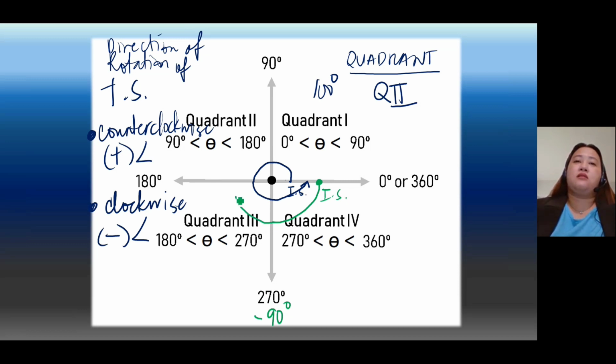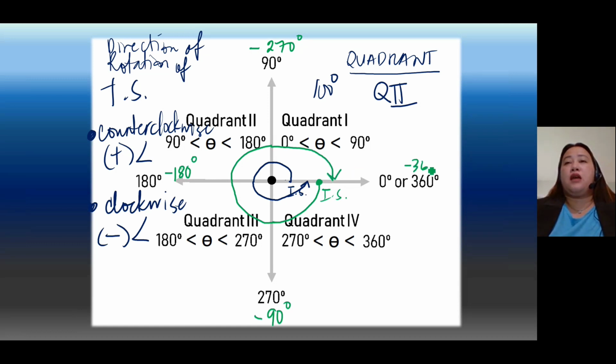Continuing clockwise, at this portion we have negative 180 degrees. I hope that you can remember your angles. Next, continuing clockwise, this will become negative 270 degrees. And then continuing again, we have here negative 360 degrees.